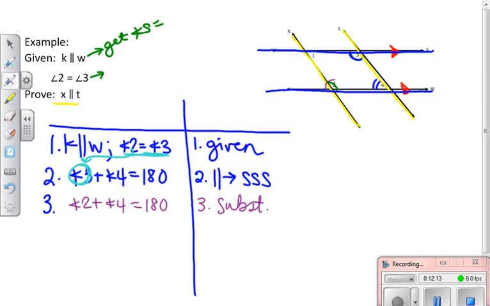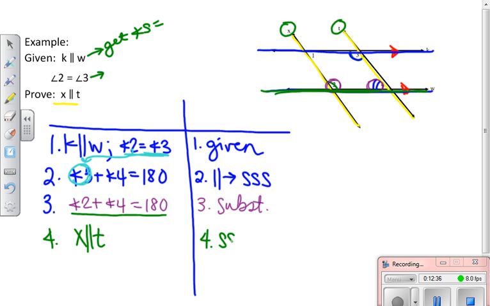And now I can say that 2 and 4 are supplementary in relation to x and t, if this is my transversal, those are same side interior angles. And since I just said they're supplementary, now I can say that x is parallel to t. What reason? Because I know same side interior are supplementary, and that tells me the lines are parallel.